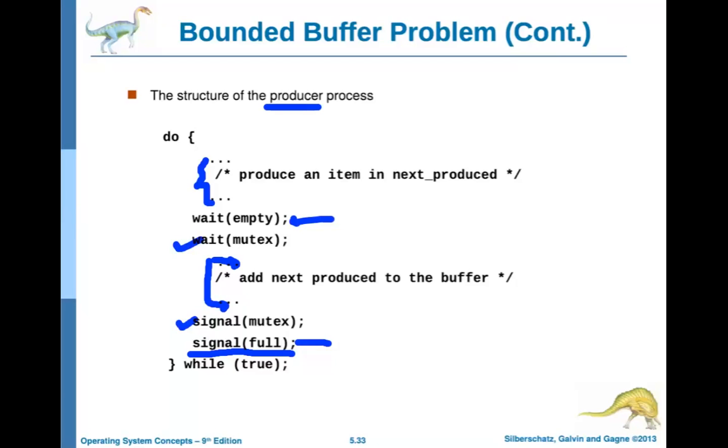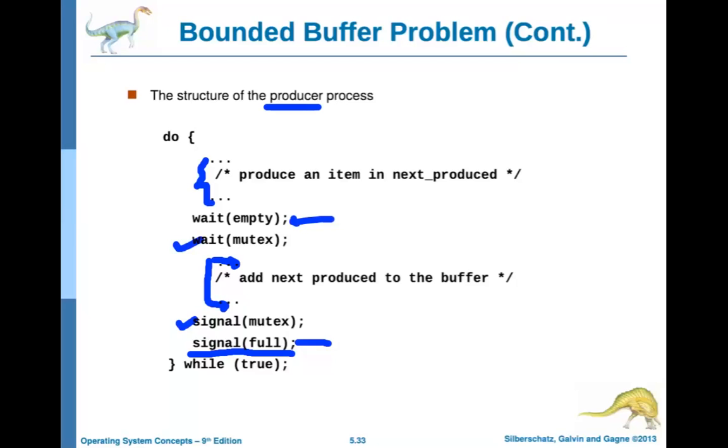And the second important thing is, suppose there is not a single element available in the buffer and it is the turn of the consumer. The consumer has to wait for full. Why? Because if there is nothing to consume, the consumer has to wait.